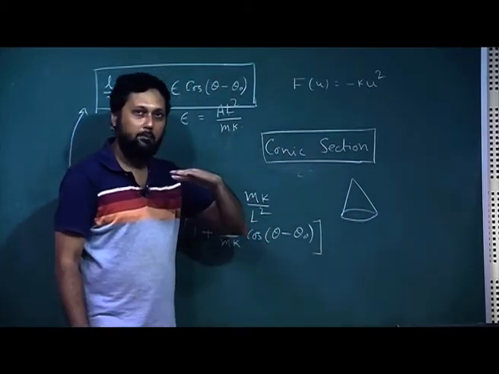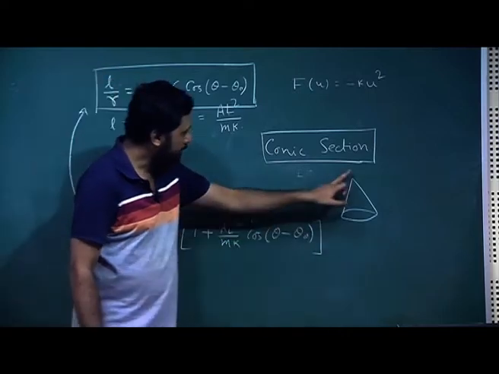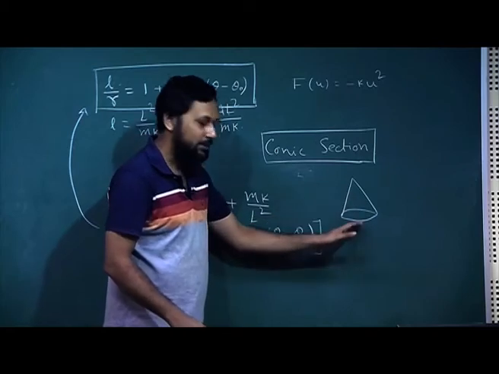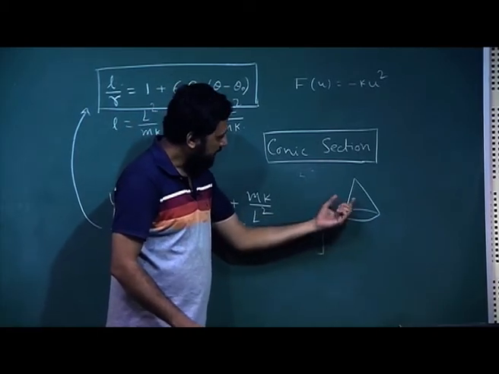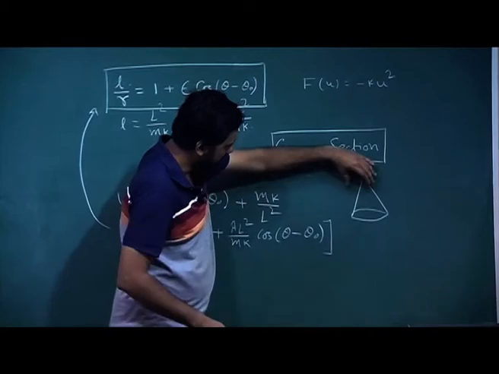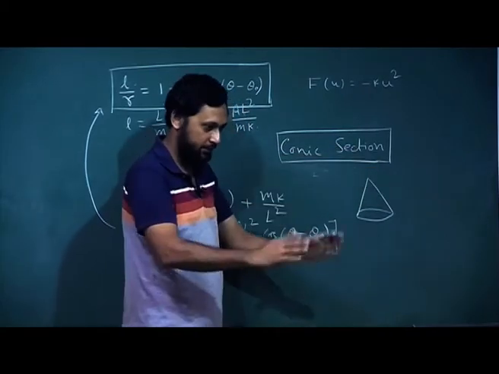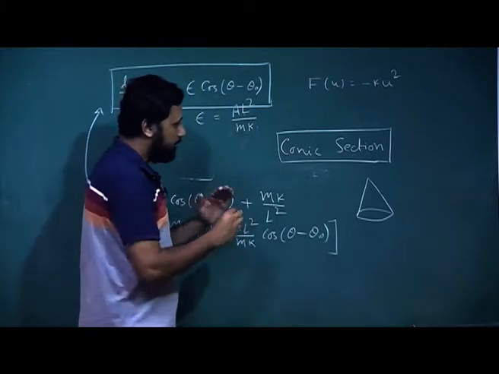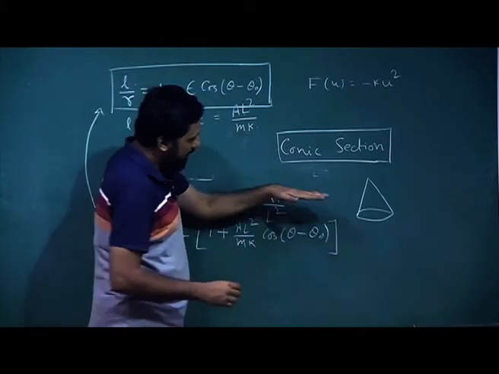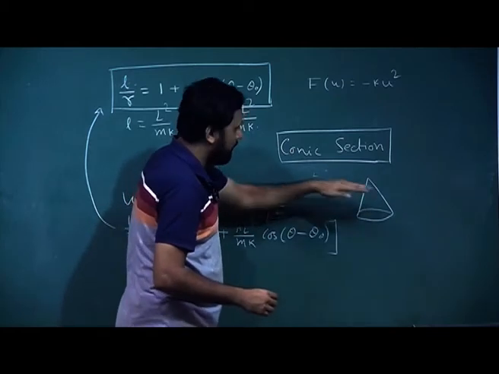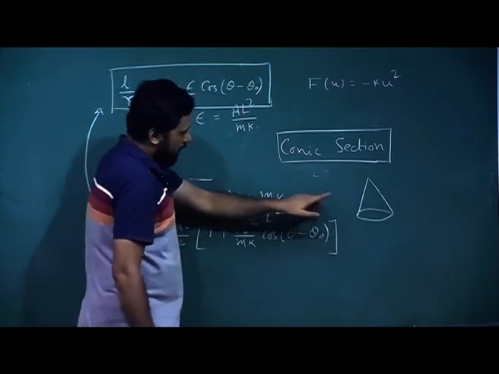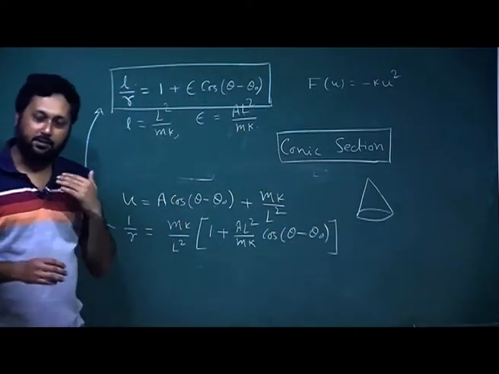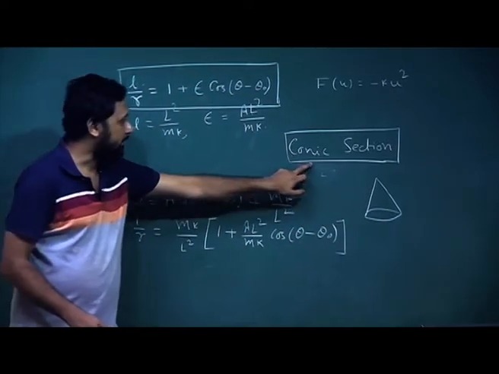Now, let us consider this cone is not solid, it is hollow inside, so basically it has material only along the surface and inside there is nothing. Now, what we do is we take a plane and make that plane intercept this cone. The curve that will be traced out by such interception is called a conic section.